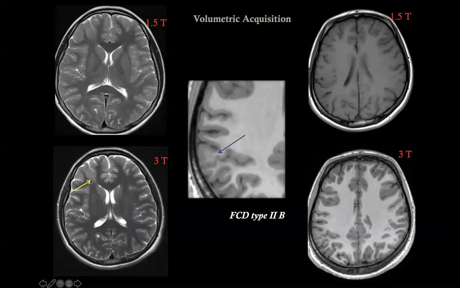Although, and this is the lesion, although in T2 sequences, remember the spin echo are still better in terms of contrast resolution. And if you want to do a 3D sequence in T2, you will need to work on your gradient sequences, because the gradient sequences are faster, so you can have a 3D gradient, but you will not have this kind of contrast resolution unless you work a lot on your sequences.